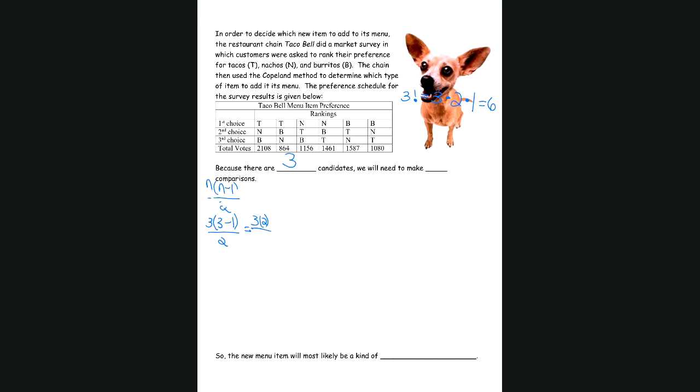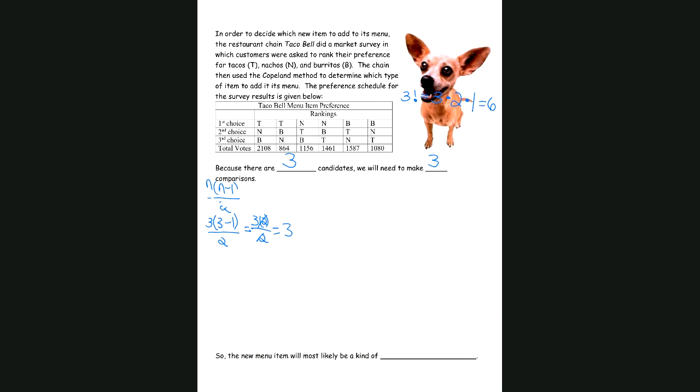So basically, I could say 3 times 2 is 6 and divide that by 2, but I could also just get rid of these 2's because anything in the numerator and denominator can cancel out. And I'm going to have to make 3 comparisons. So that's not too bad. So I'll use the Copeland method because all I need to do is make 3 comparisons.